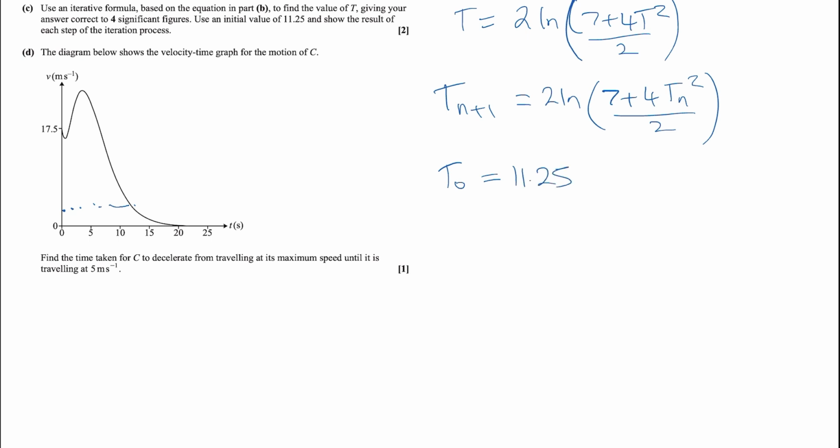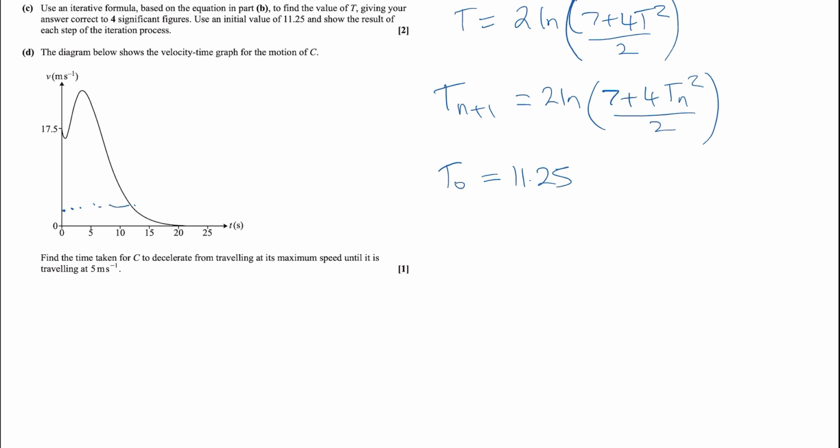Now a really good hack is to just put 11.25 into your calculator and then press equals. So that's now your answer. So now you can go to ln fraction button 7 plus 4 answer squared over 2.